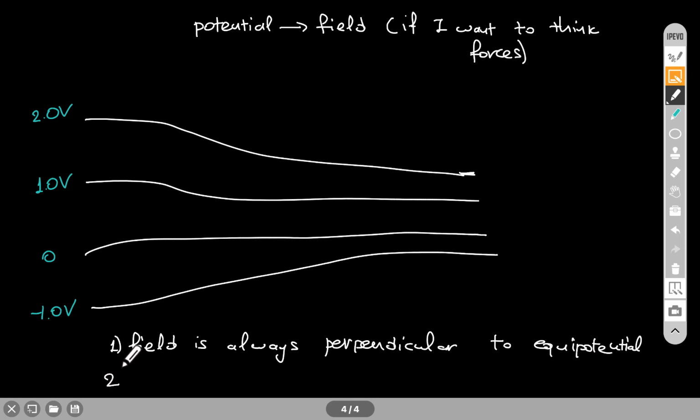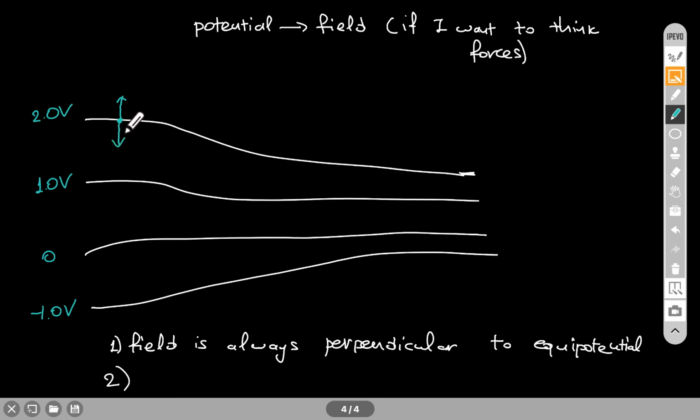Before I go to the second thing, let me illustrate what I mean. Here, if I look at this equipotential line, then the electric field vector would have to be perpendicular to this at this point. Perpendicular could really mean two things. It could point that way, or it could point that way.